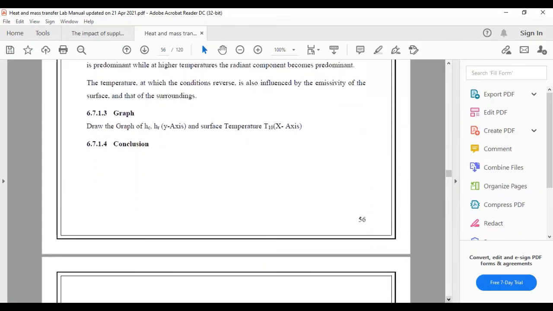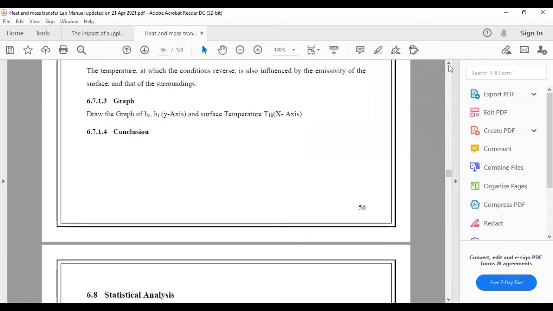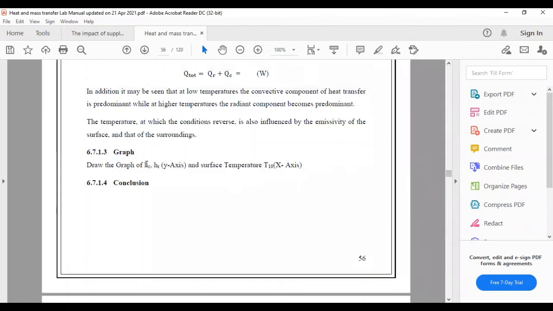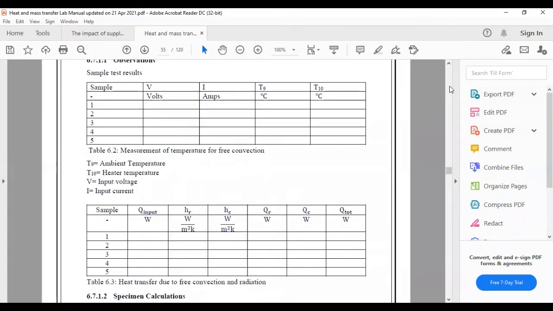So the next task is to draw a graph. We will draw the graph of HC and HR against the different values of the surface temperature T10. When I show you the table, these are the different values of T10. We have observed 5 different readings.